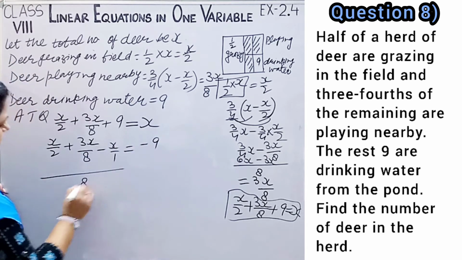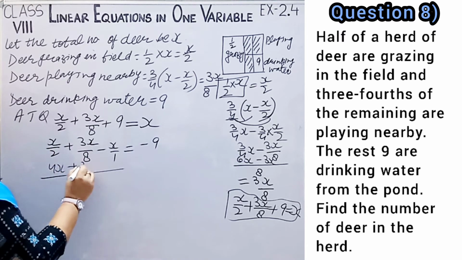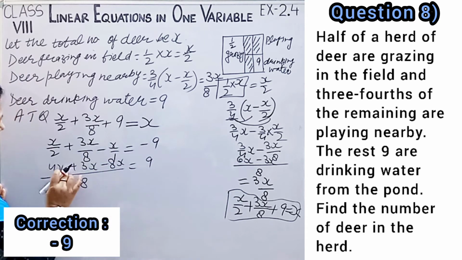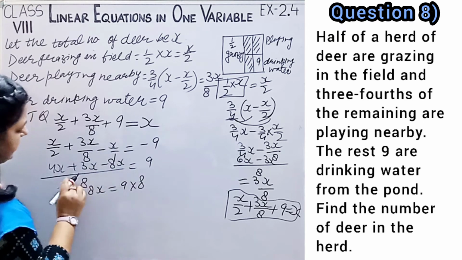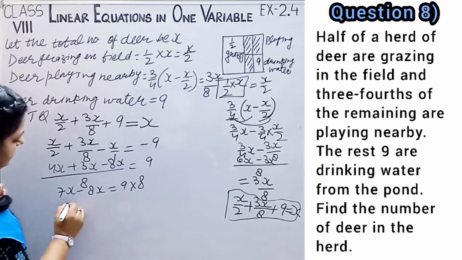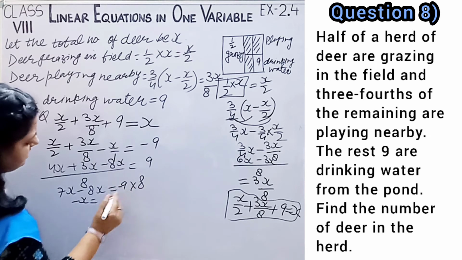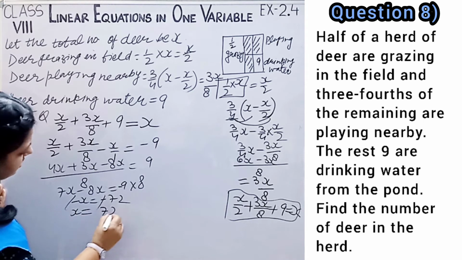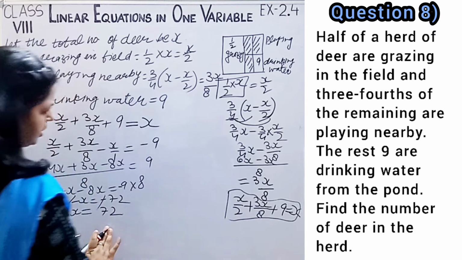LCM is 8, 2 4s are 8, 4x plus 3x minus 8x is equal to minus 9. 4 plus 3 is 7, 7 minus 8x is equal to minus 9 into 8, transposing 8. 7 minus 8, x is minus x. 8 nines are 72. Minus minuses cancel out, x is equal to 72. It means total number of deer in this herd is 72.